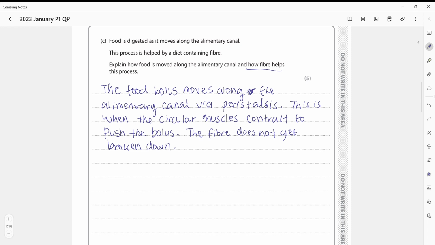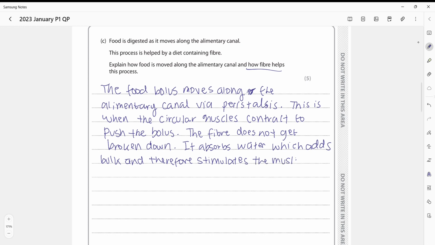Okay. It absorbs water, which has bulk and therefore stimulates the muscles to contract.